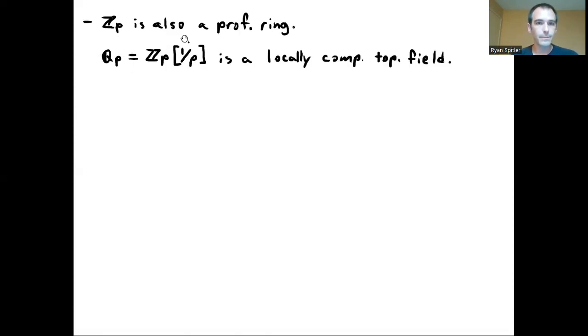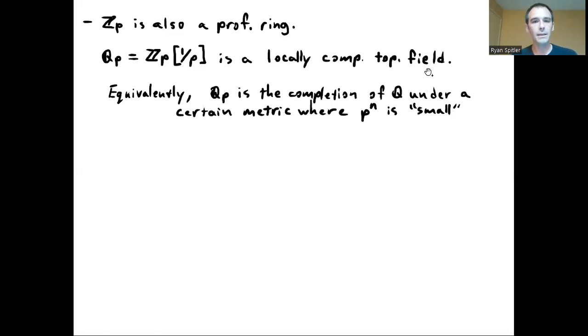Going from Z_p, which is a compact, totally disconnected topological ring, we add in 1 over p, we lose compactness, but we still have local compactness. So Q_p is a locally compact topological field. There's another way to think of Q_p.